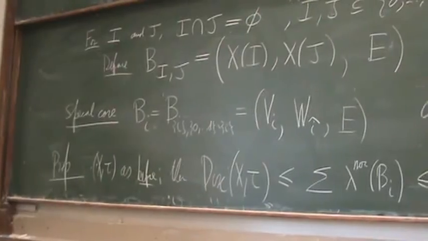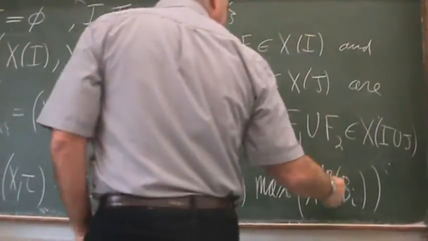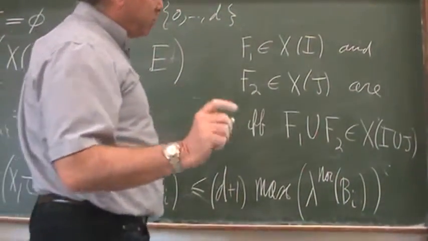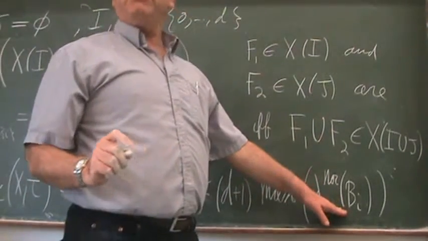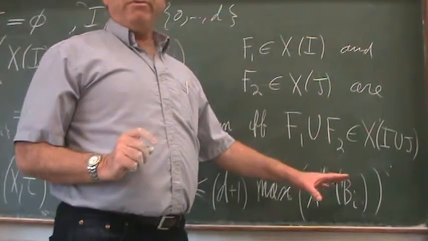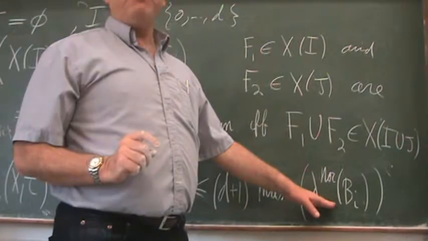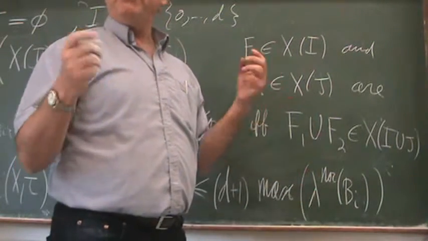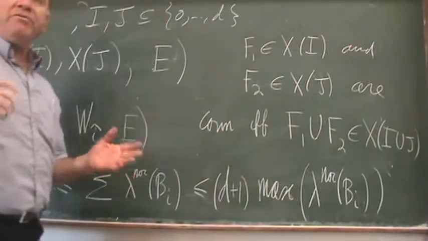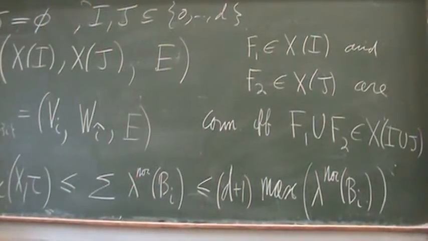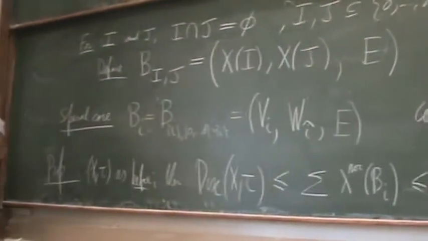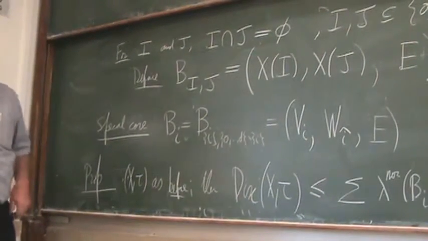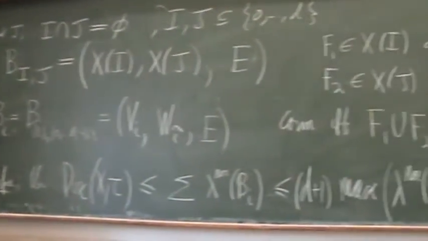Sometimes it is easy to evaluate the eigenvalues of this bipartite graph, and sometimes not so easy. I showed you various examples, and usually the technique takes some time, and it's not always trivial.